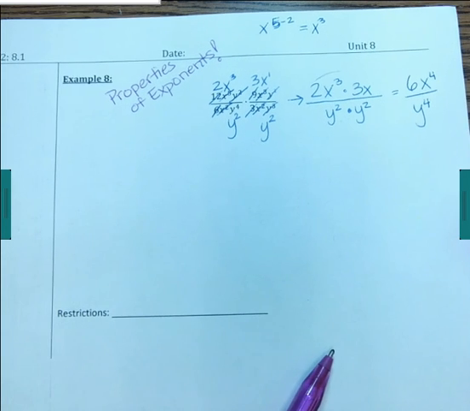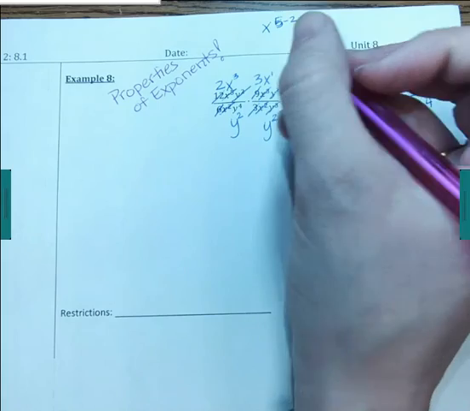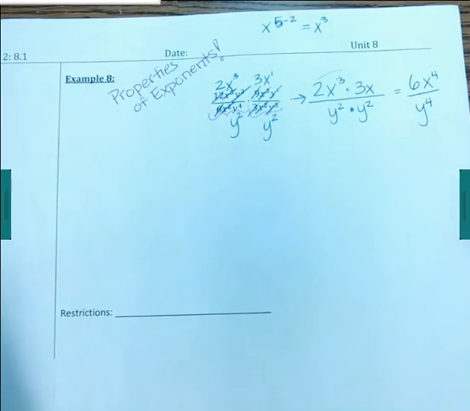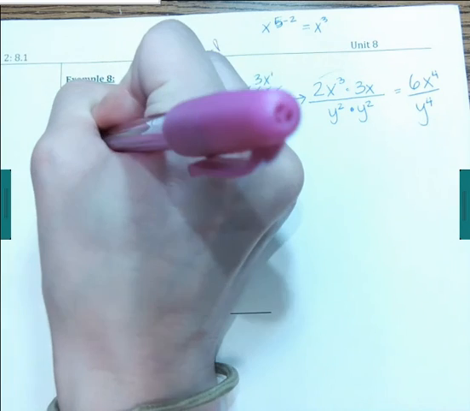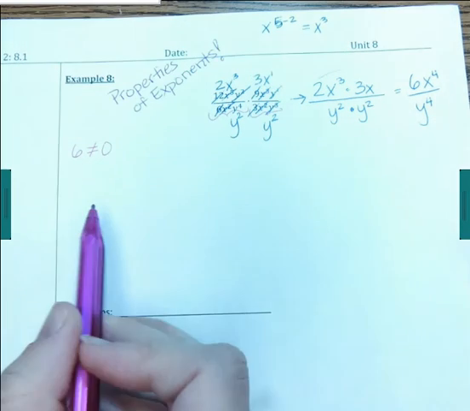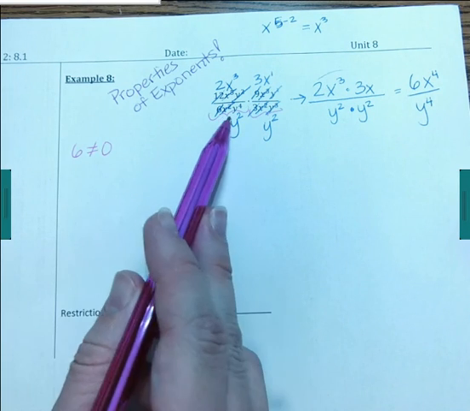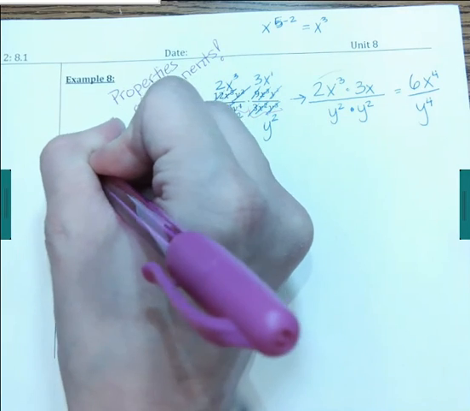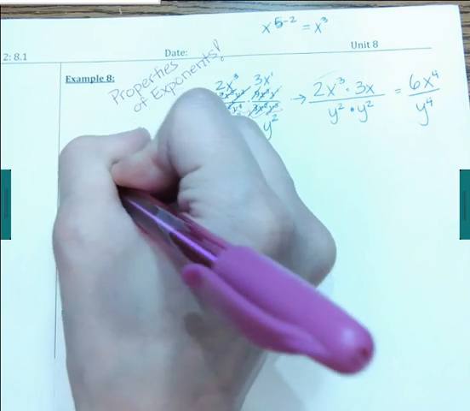Now, let's talk about restrictions. Here, they look slightly different. So things that have been in the denominator. So 6 is in the denominator. But plain numbers can never equal 0, so we can kind of just ignore that. We just really want to look at the variables. So x squared equals 0, y to the 4th equals 0.